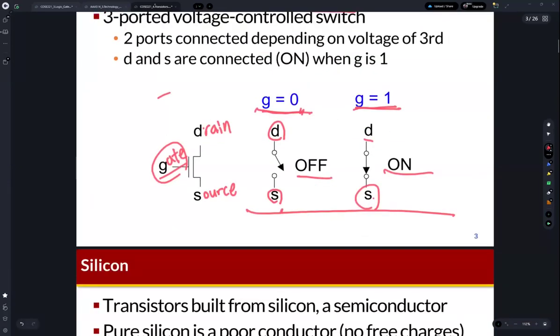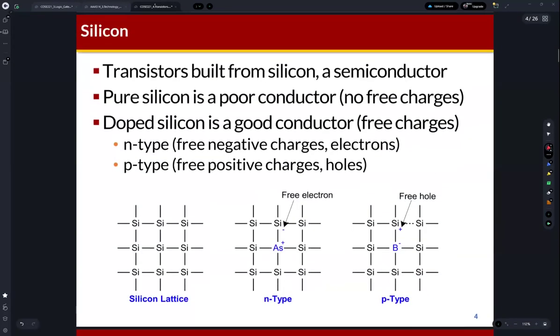This is some low level knowledge. Transistors are built from silicon, Si. Silicon is a semiconductor. Why is it a semiconductor? What is a conductor?